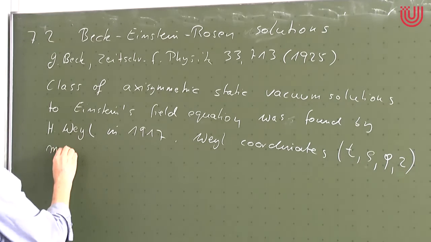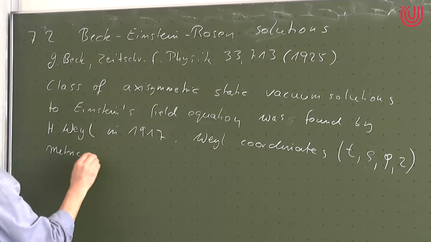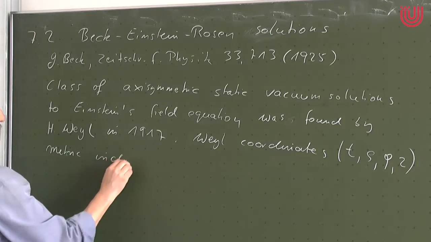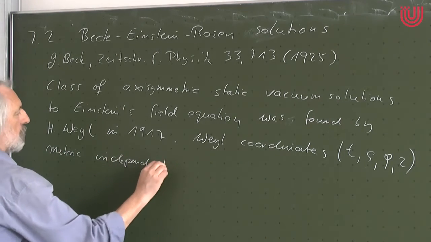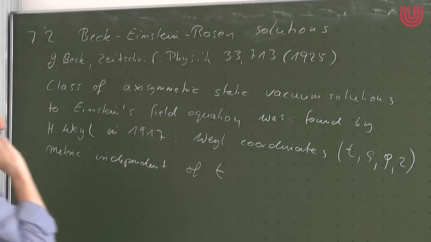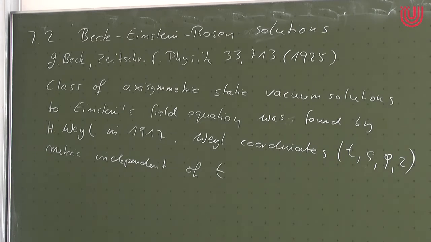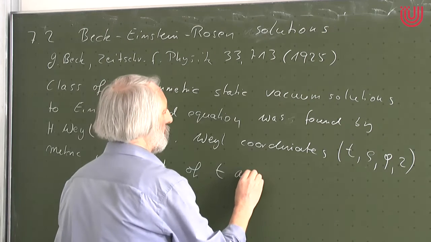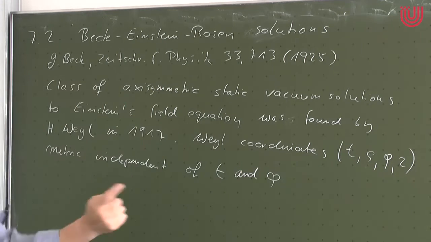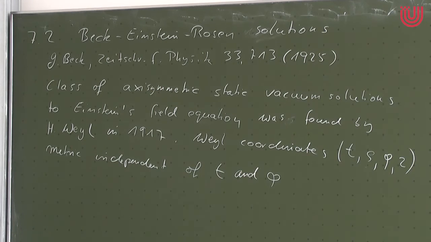The metric must be independent of t. It should not be time dependent, and it should also be independent of phi. It should not depend on this angle phi. This is not yet axisymmetric and static.